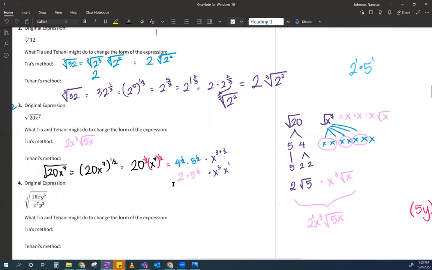Now this part right here is really this part right here. Do you guys all see the same thing? Do you see 2? Even though you see 5 to the 1/2, your brain should be saying, that means square root of 5. And you're like, yeah, that's right. And then do you all see the x cubed? And this is x to the 1.5, and you're like, I don't see x.